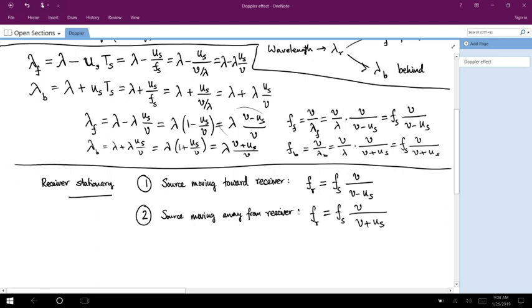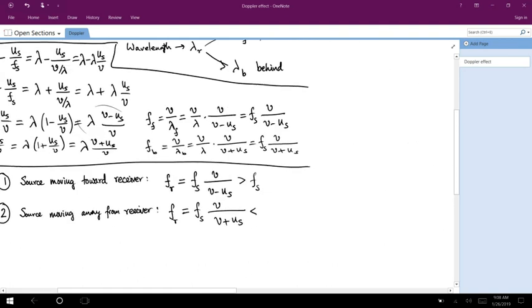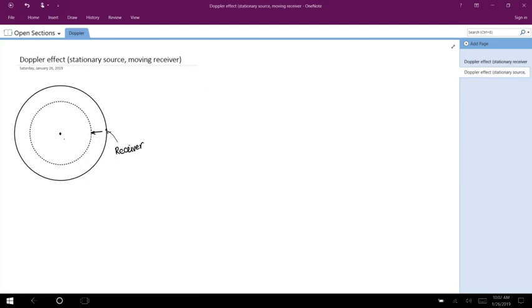So as you can tell here, V minus Us is smaller than V, so this is actually larger than Fs. So when the source is moving toward the receiver, the sound frequency increases. When the source is moving away from the receiver, a similar argument will tell you that this is actually less than Fs. So the sound frequency decreases.